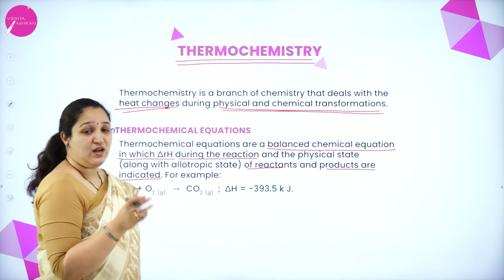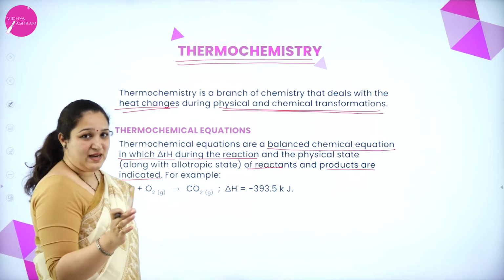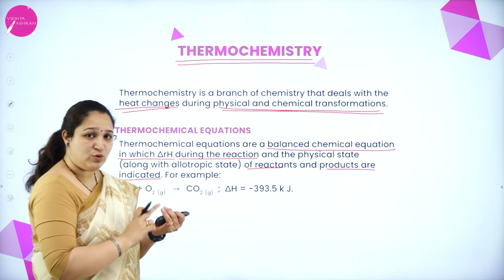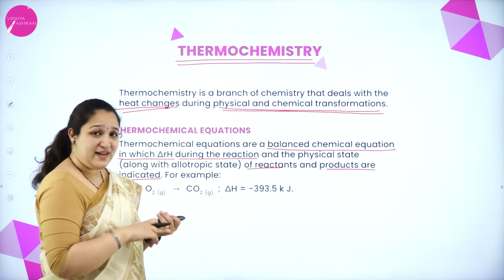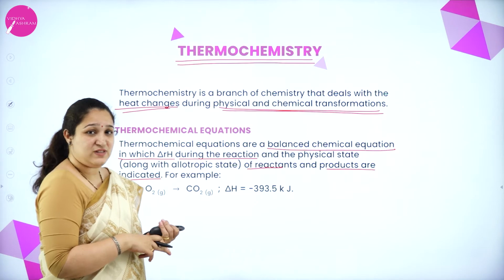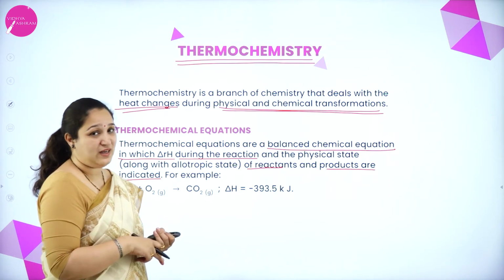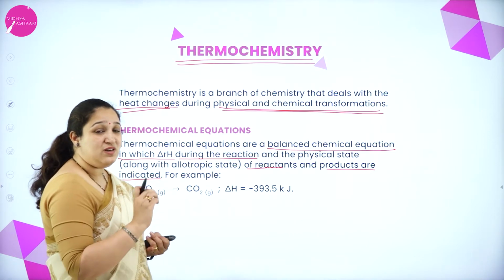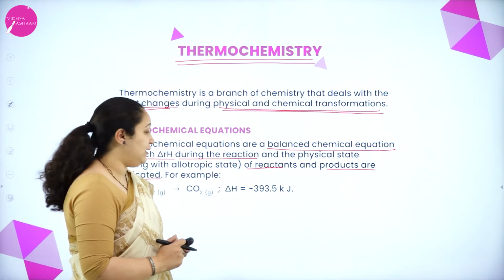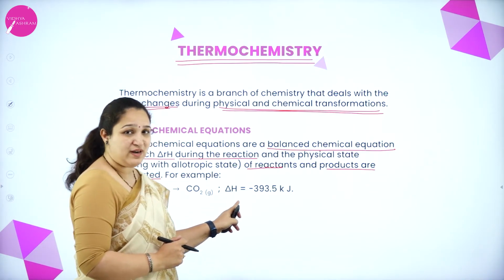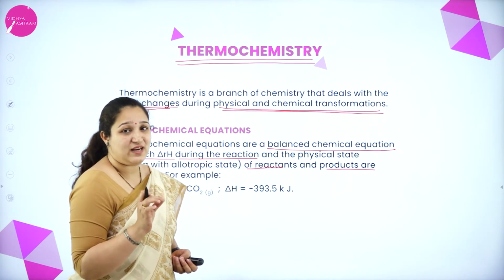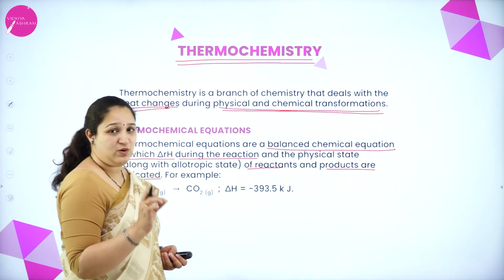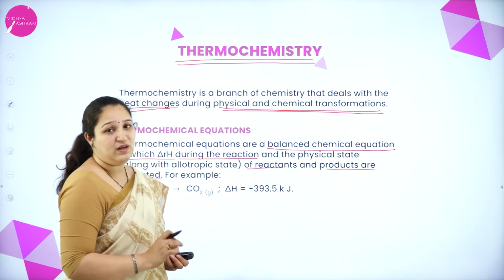Not only writing a balanced chemical equation, we have to write the physical state. If it's an allotropic form, we are supposed to write even that also. And also we'll be writing the change in enthalpy. That is delta H we will write for every reaction. Then we call that equation a thermochemical equation.